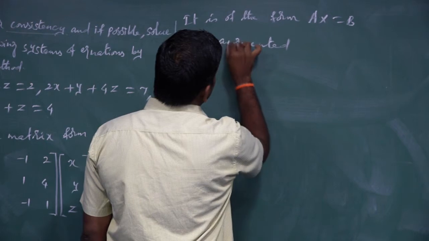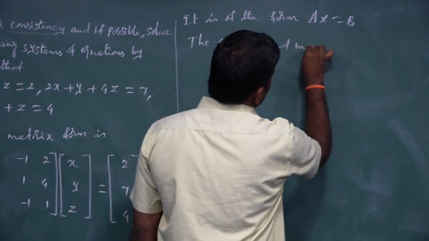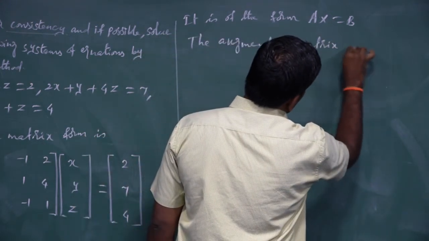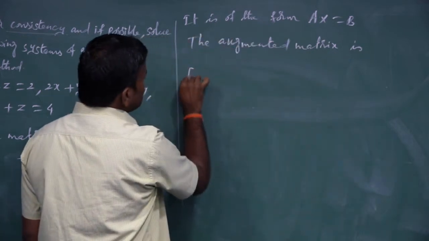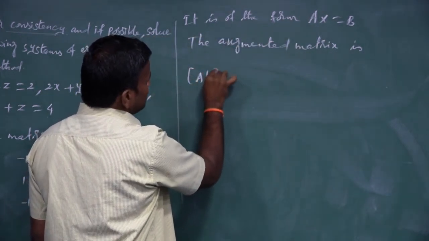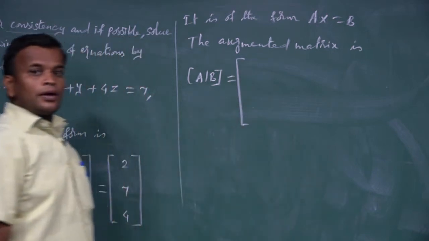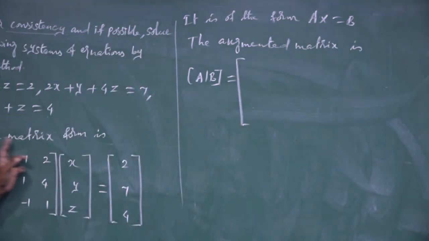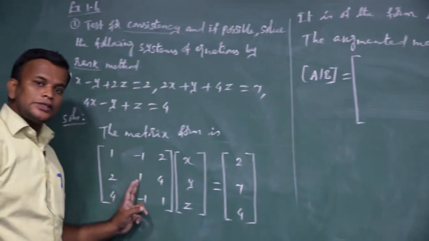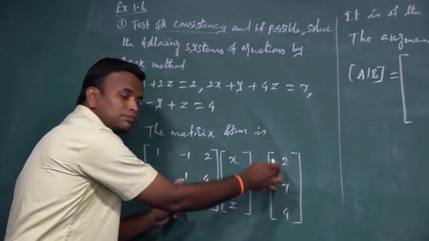The augmented matrix is the extended matrix. A is extended by the matrix B. Now it is the value of the matrix A. This matrix is extended by the another matrix B.